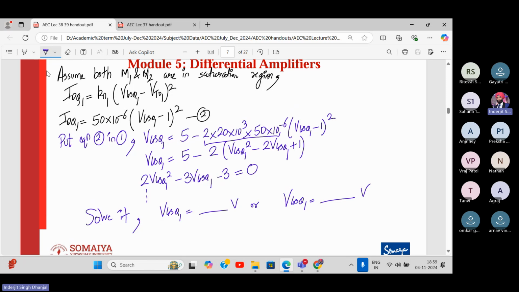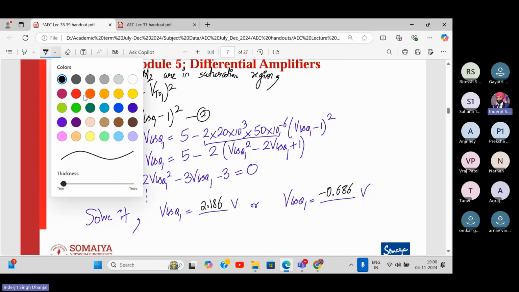Yes, tell me. How much is it? So 2.186. Yes, correct. And minus 0.686. So which one will you select and which one will you reject?